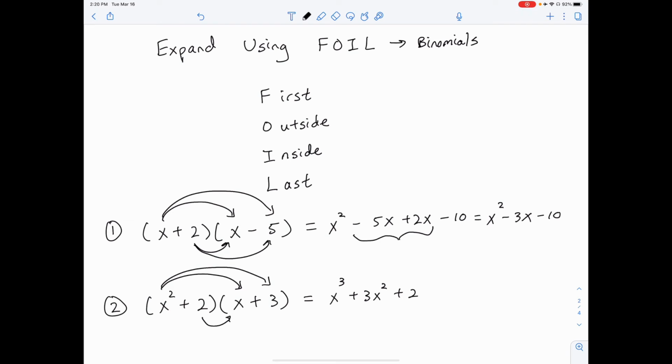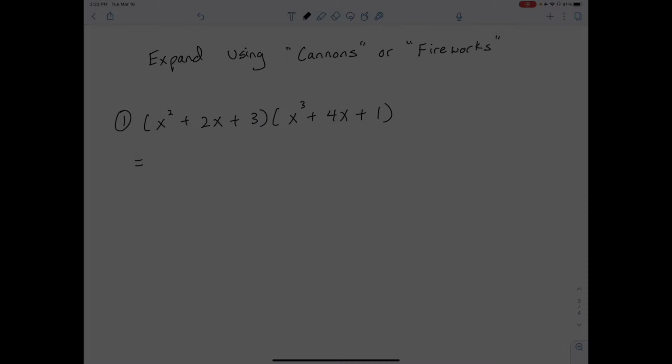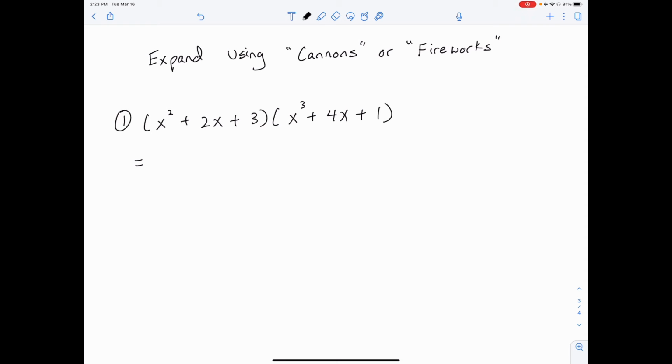So plus 2x, and the last, of course, the last two terms, which is plus 6. We can see in this example that there are no like terms, so we just leave it as it is, and we're done here. Now let's take a look at some examples where we cannot use FOIL, since FOIL can only apply to binomial expansion.